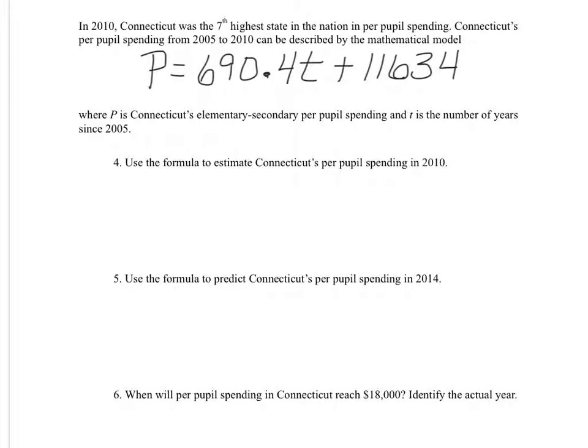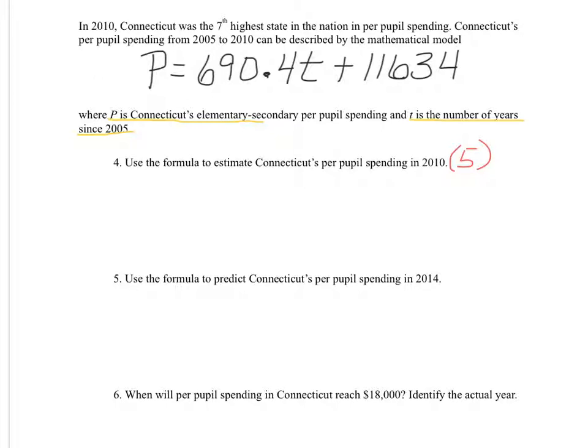So notice that P is Connecticut's per-pupil spending, but T is still the same. It's the number of years since 2005. Use the formula to estimate Connecticut's per-pupil spending in 2010. Well, 2010 is 5 years after 2005, so that means T is 5.